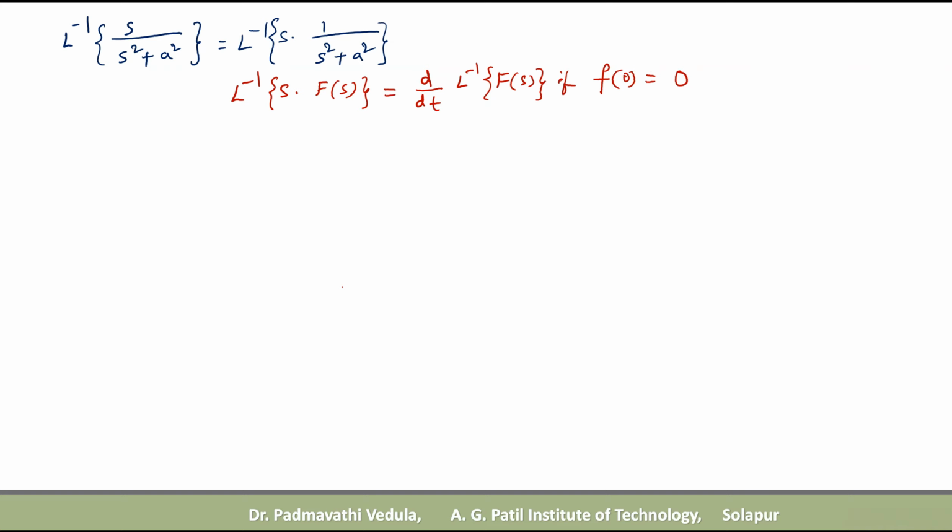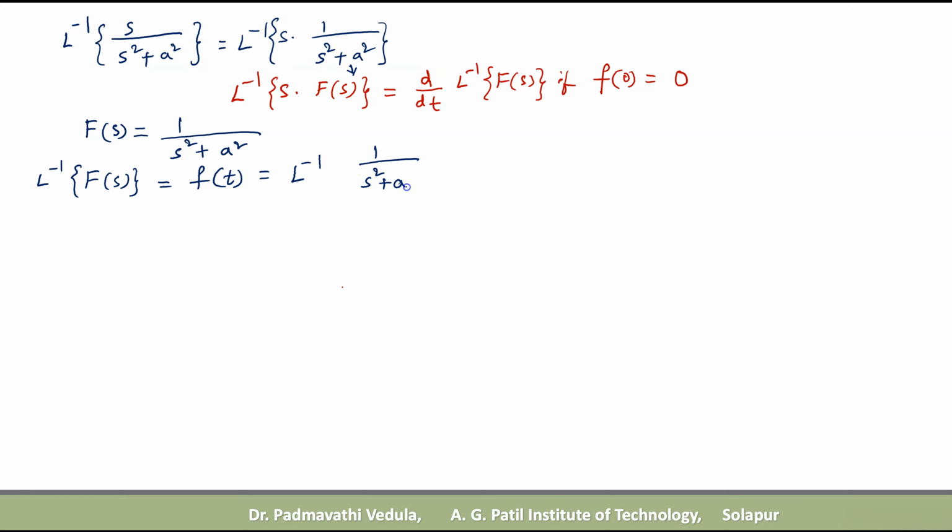Now let us apply this property. If you apply this here, identify f of s first. So f of s equal to 1 by s square plus a square. Now let us find inverse Laplace transform of f of s, which is equal to f of t, which is equal to L inverse of 1 by s square plus a square.